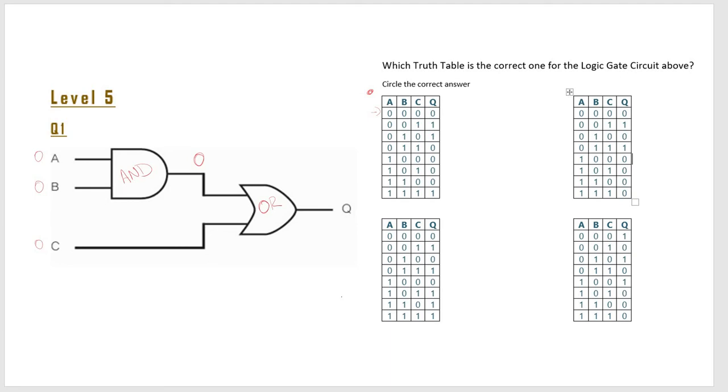We know an OR gate requires either of the inputs to be 1, or both inputs to be 1, for there to be a 1 on the output. So we have a 0 going through this input, a 0 through the other input, and the output for Q is going to be 0. On the truth table it says that Q is 0 here, so this one happens to be correct, so this might end up being the correct answer.